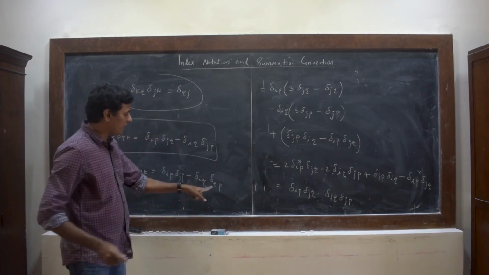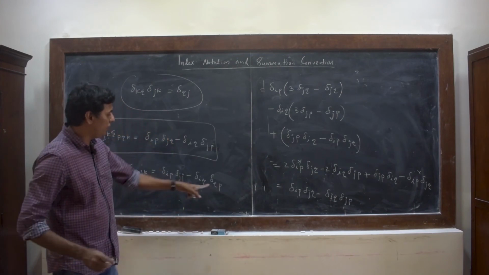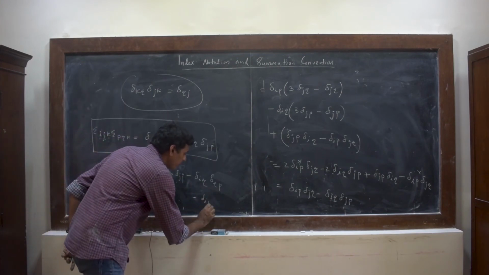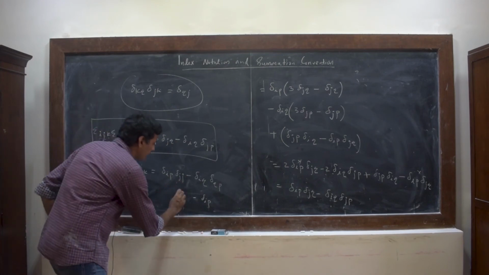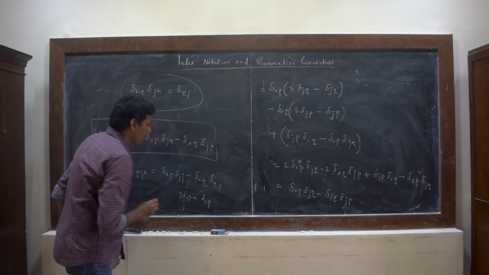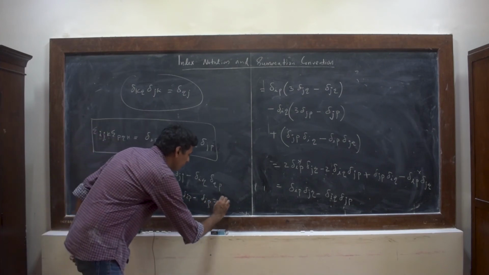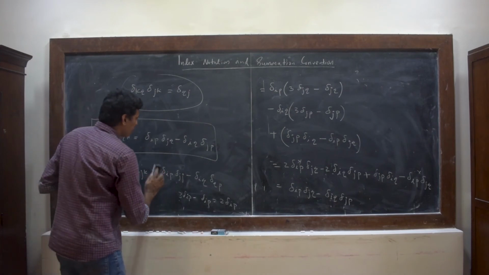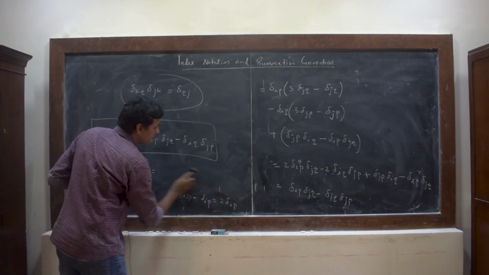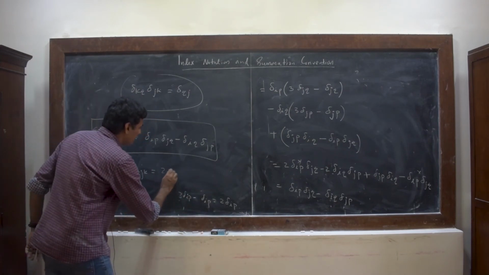So delta IQ into delta QP is delta IP, and delta JJ is 3, so 3 delta IP minus delta IP is 2 delta IP.